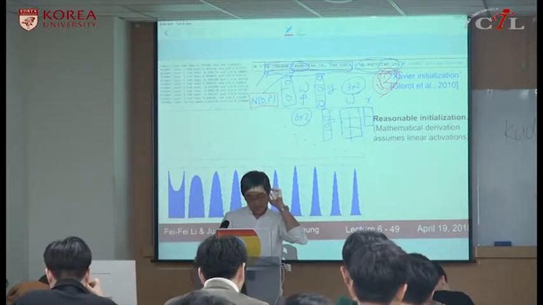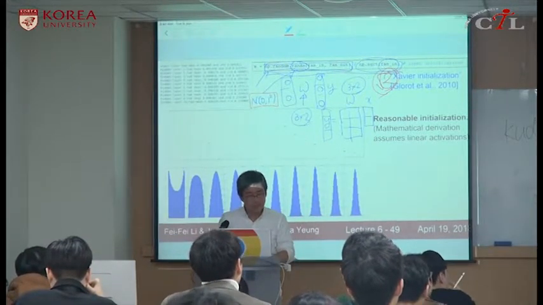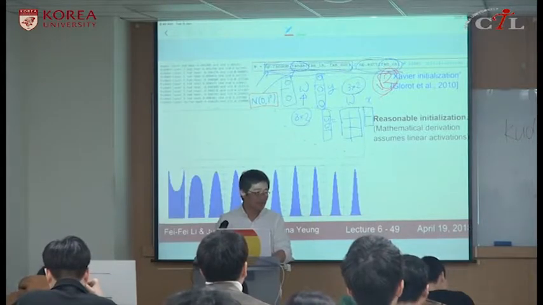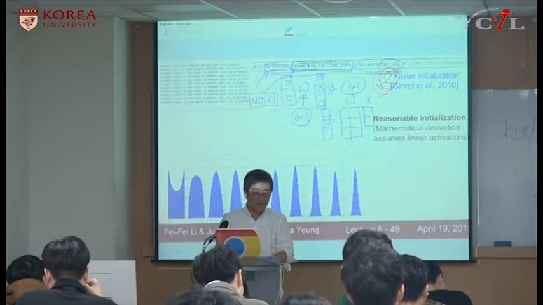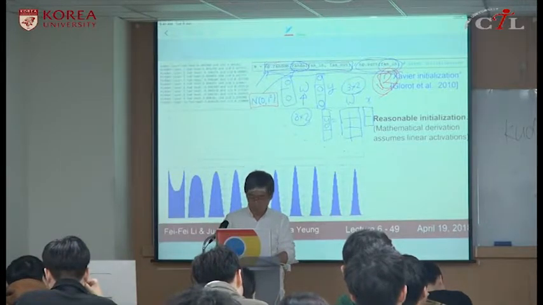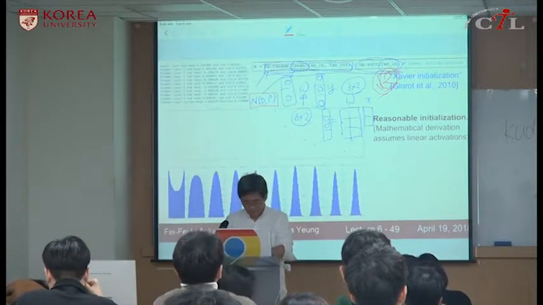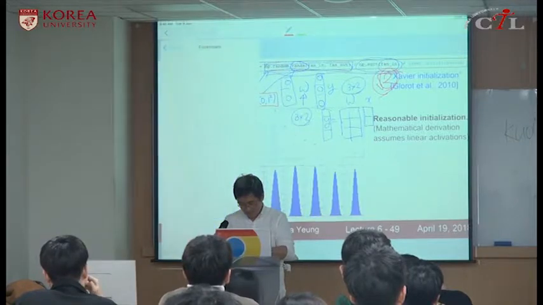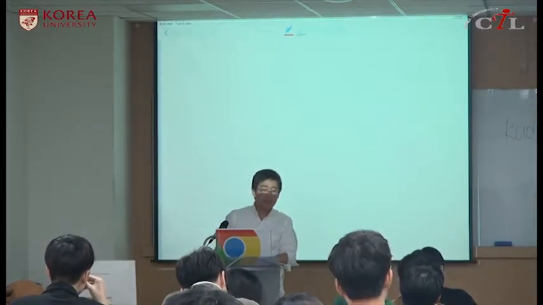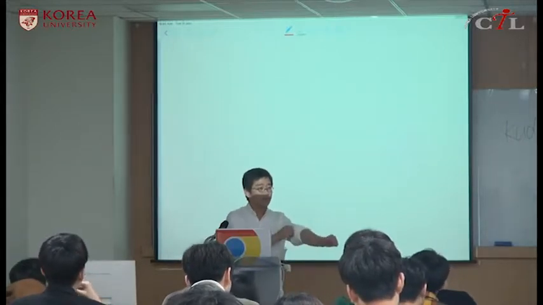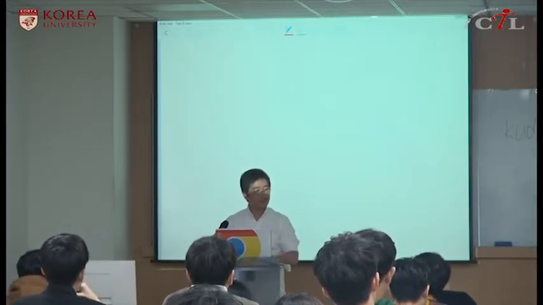Can anyone give some intuitions about the reason? So the intent of it is to control the variance to have the same value.